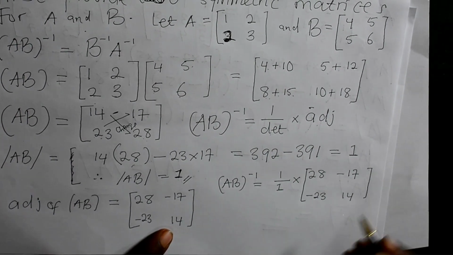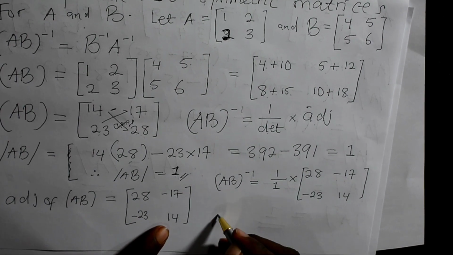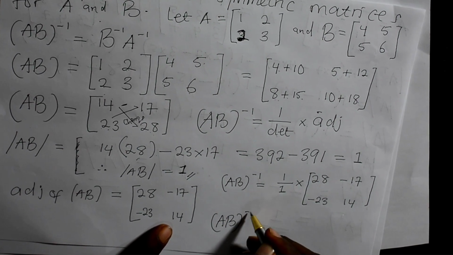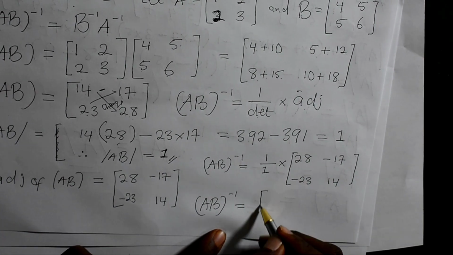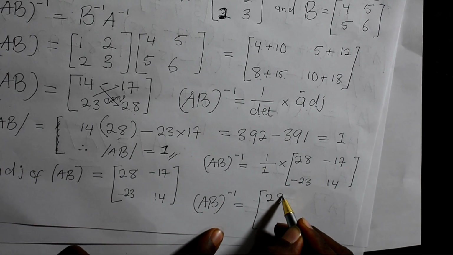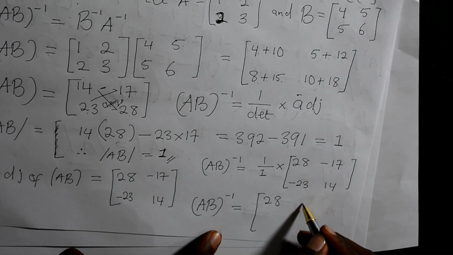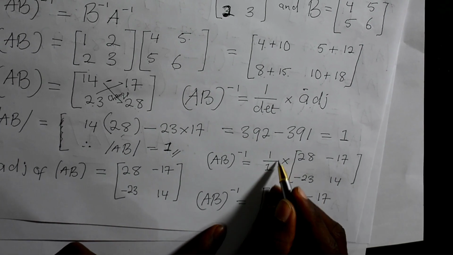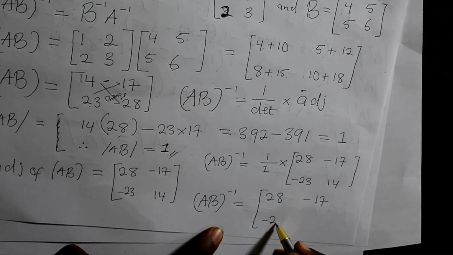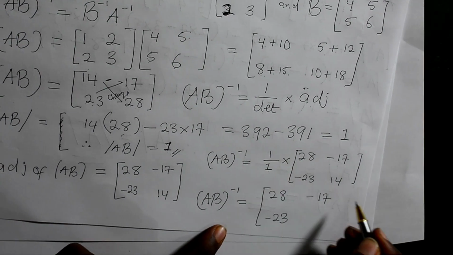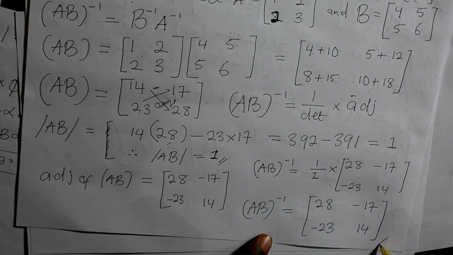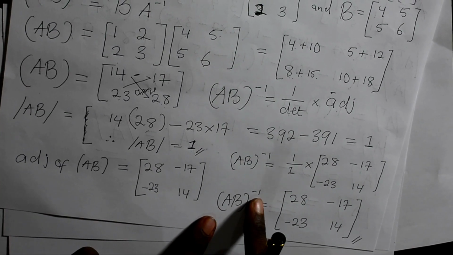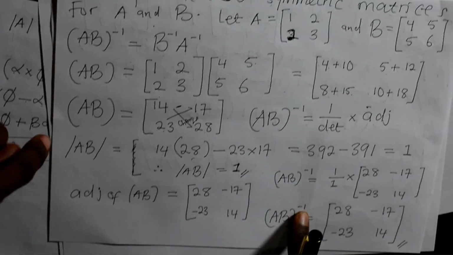So now we multiply this 1 over 1 by the matrix. AB inverse will be equal to 1 by 1 times 28 is 28. 1 by 1 times minus 17 is minus 17. 1 by 1 times minus 23 is minus 23. And 1 by 1 times 14 is 14. So the matrix AB inverse is this matrix.